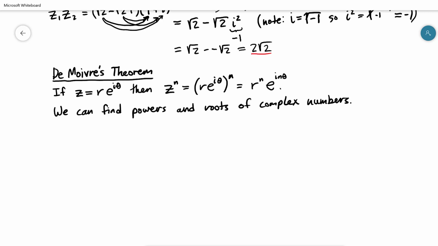So let's say we want to find the nth root of a number.